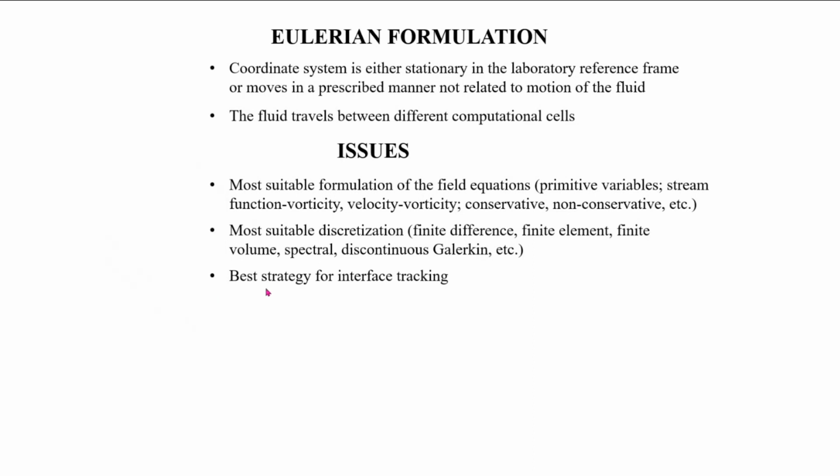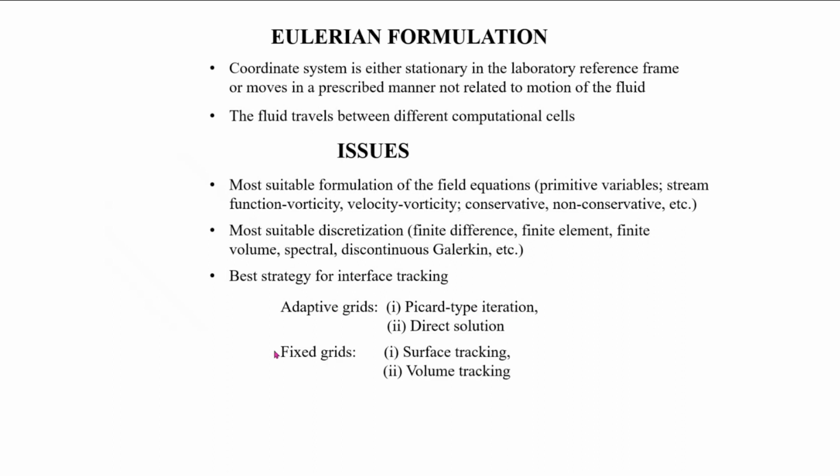And what is the best strategy for interface tracking? We have to be able to determine the position of the interface. If you look at Eulerian formulation, we can work with adaptive grids, and I'll discuss in detail soon what the issues are. And we can look at fixed grids. In the case of fixed grids, we have to have surface tracking or volume tracking, which leads us into the immersed boundary conditions concept.